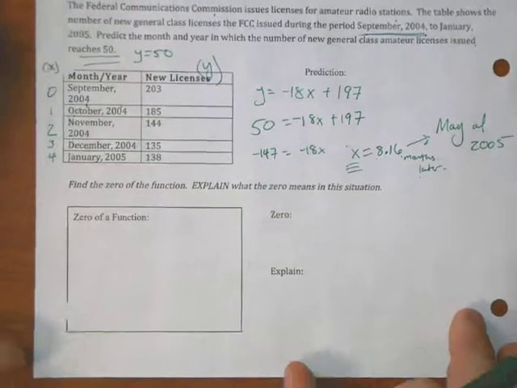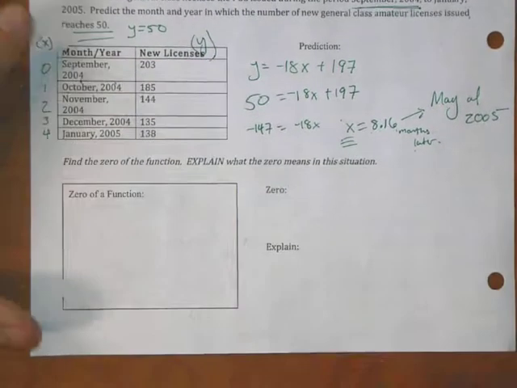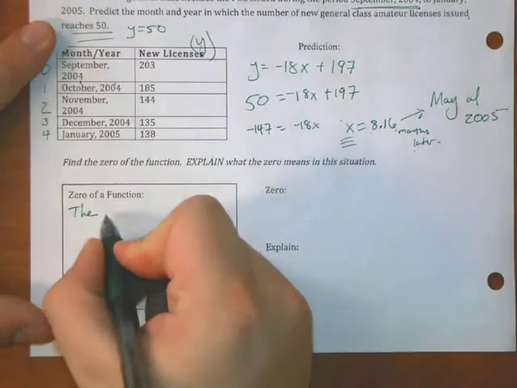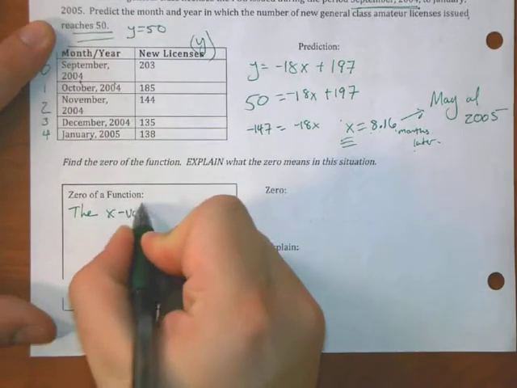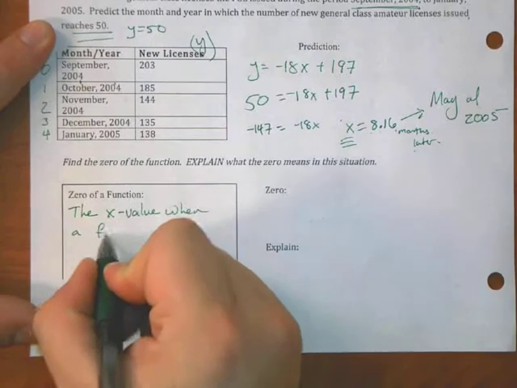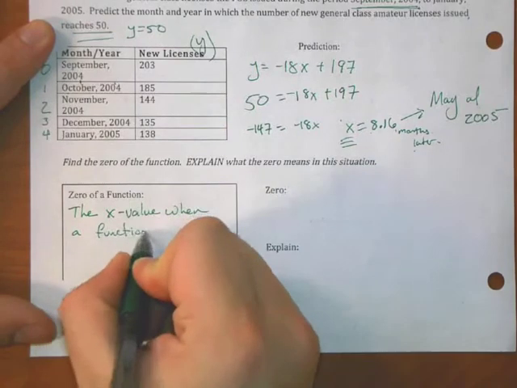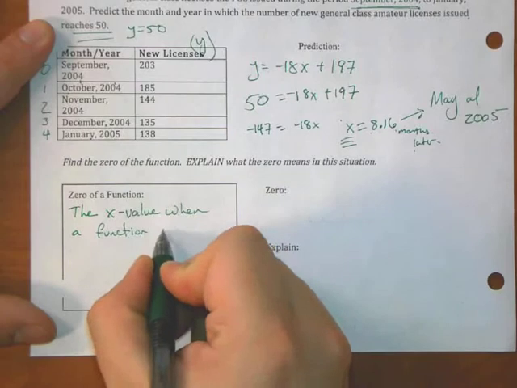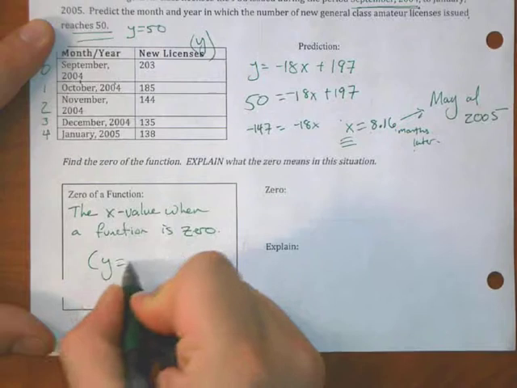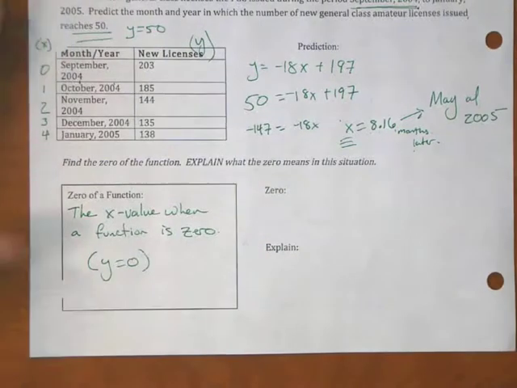Okay. The last thing for today is the zero of a function. The zero of a function is the x value when a function is 0, or when y equals 0.